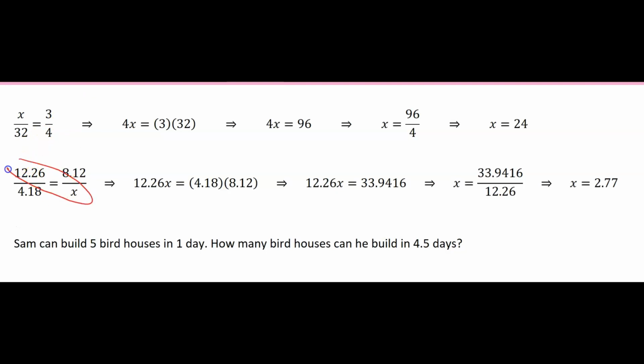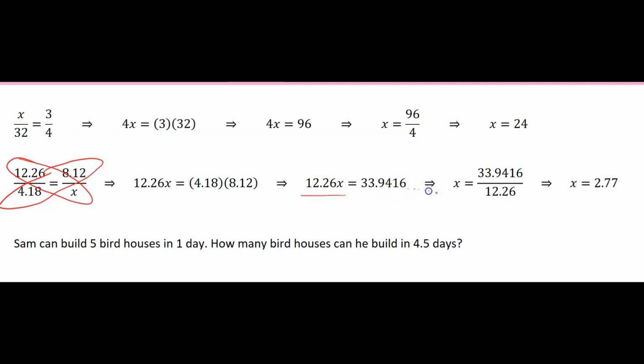So that is right there, 12.26 times x, and set that equal to 4.18 times 8.12. So 12.26x is equal to 33.9416. Now I didn't do any rounding there. That's exactly what came up on the calculator.